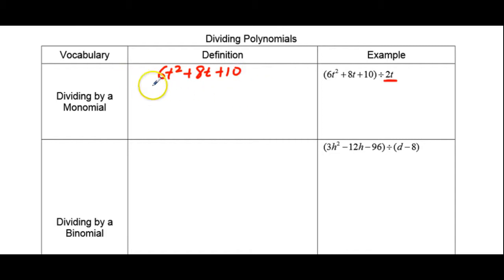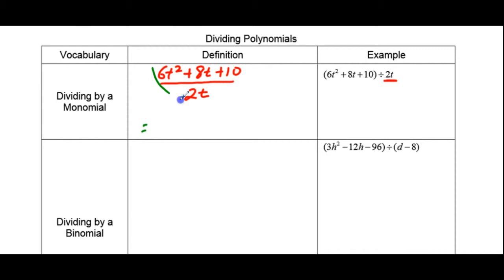We're going to divide that by this, right? Because your denominator is one term, that means all of these have the same denominator. So what we can really do is just split them up and make it separate.